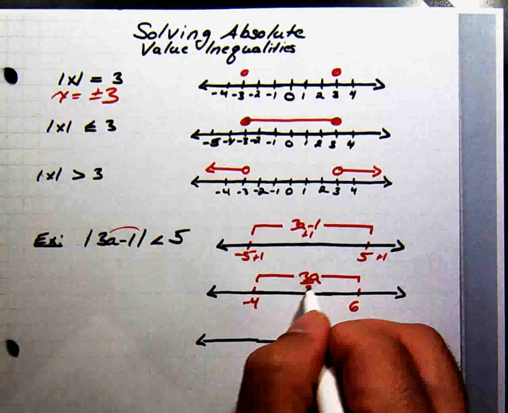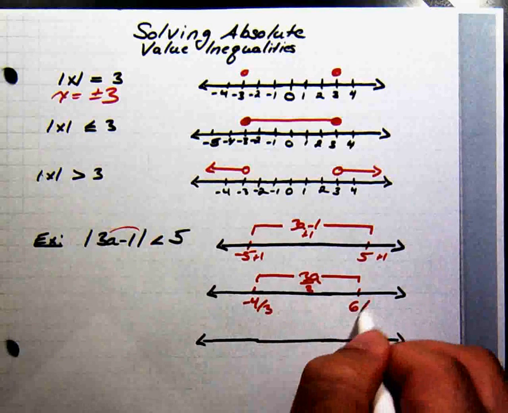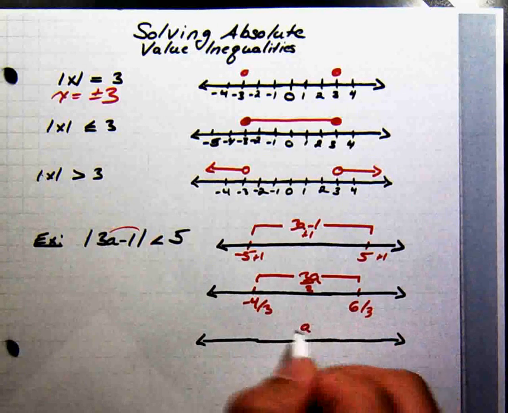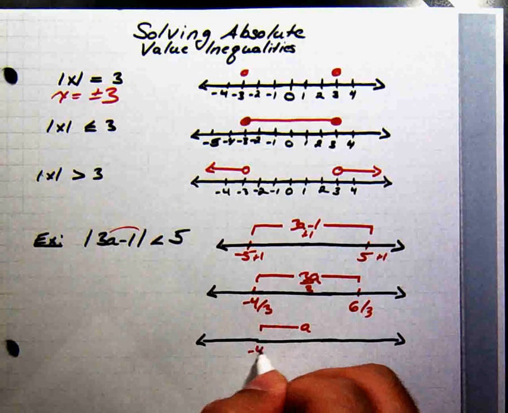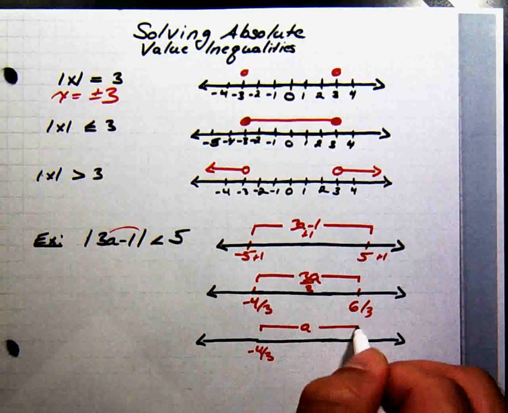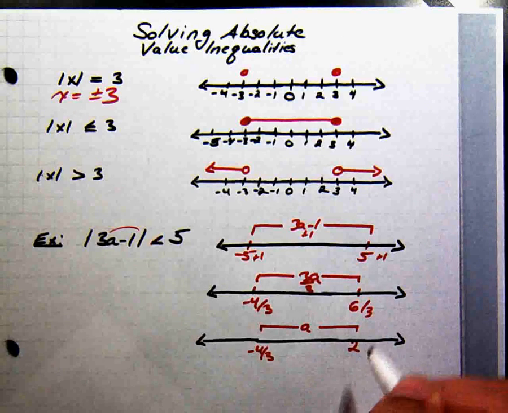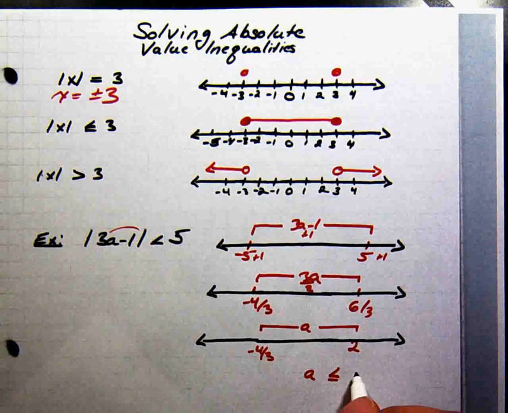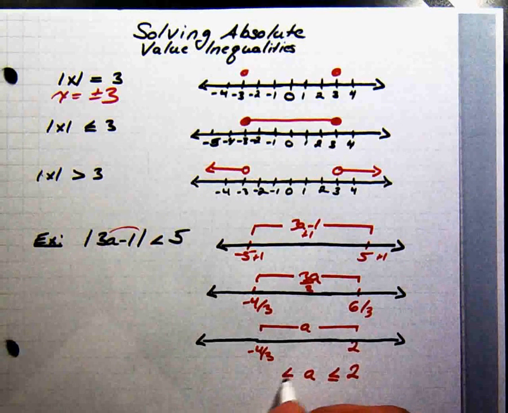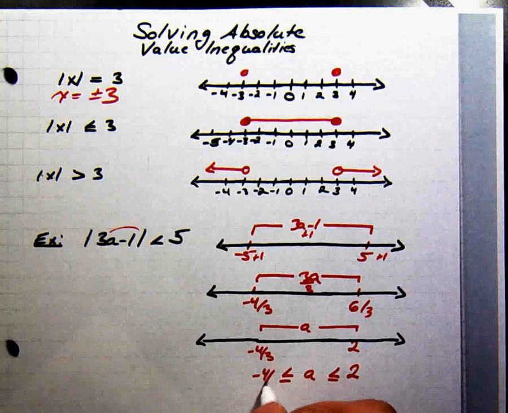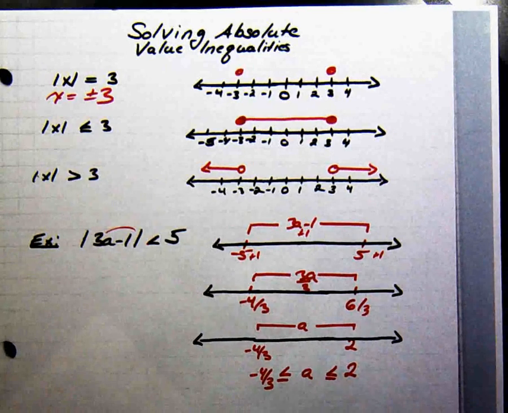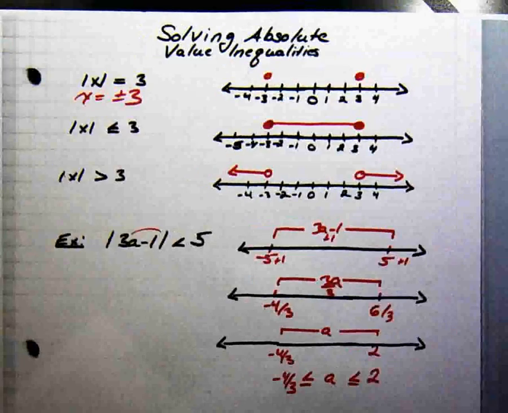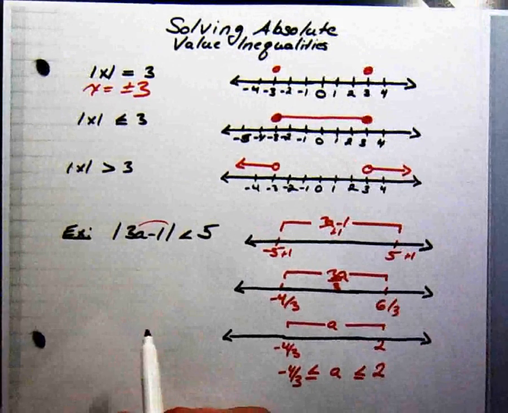Then let's divide by 3, and a is going to be in between negative 4/3 and 2. And we can write that as a is less than or equal to 2 and greater than or equal to negative 4/3.